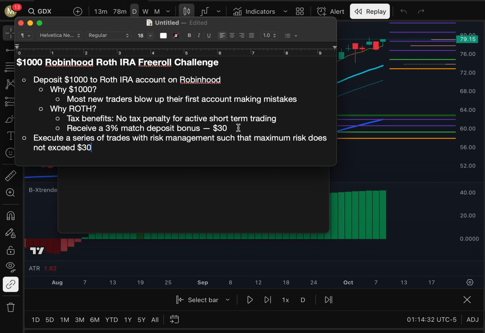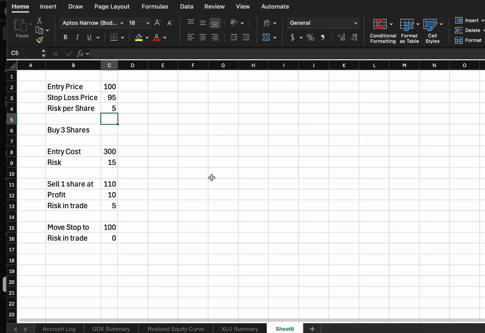So what do I mean by risk? Let me explain that with an example. Let's say that I find a stock that I want to buy and it's priced at $100 per share. And I go ahead and buy it.